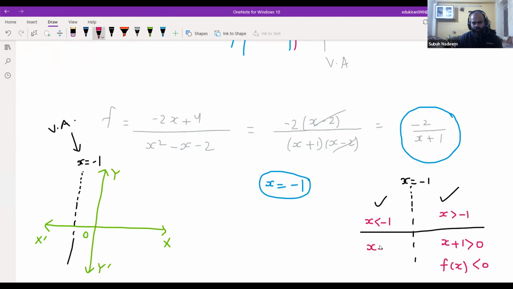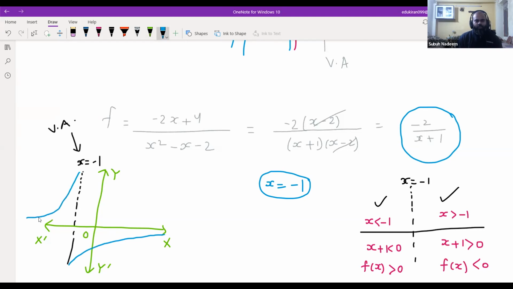And if you take x plus 1 less than 0, then the function minus 2 by x plus 1 is negative above and negative below, so it will become positive. So the function on the right is negative and on the left is positive. Negative means it is below the x-axis. So the curve would go like this, and here the curve would go like this.